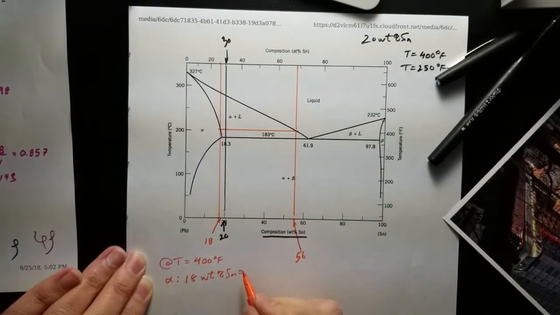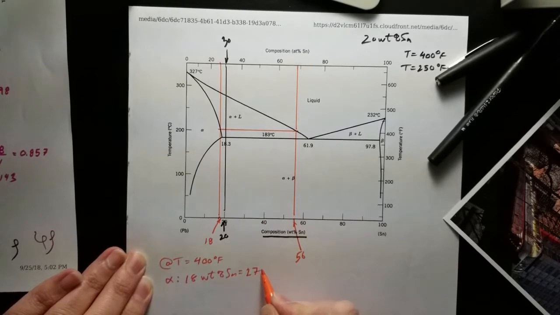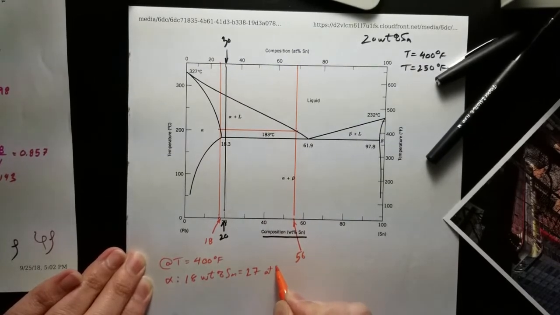That's equivalent to around 26, 27 atomic percent tin.